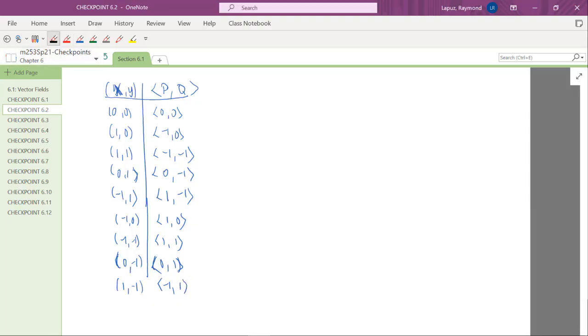Okay. We can see how this might look. These points that we have, I specifically chose them because they're a nice collection of points around the origin and easy to deal with. For each of these points, we have an associated vector.